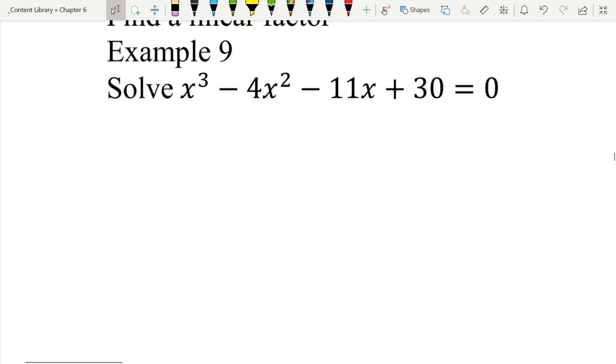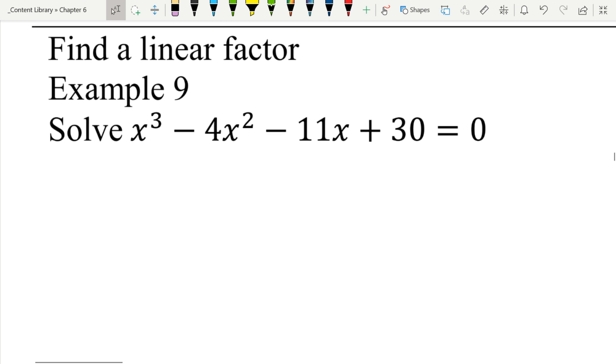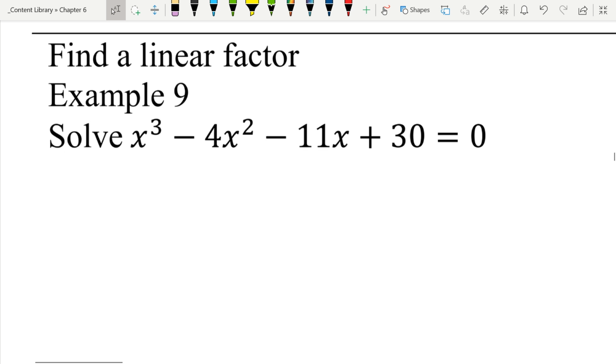But before that, we need to try a value to make this whole equation equals to 0. Do you remember what are the good values to try for this question? Constant and first term, right? So first term is just plus 1, minus 1. How about the last term?